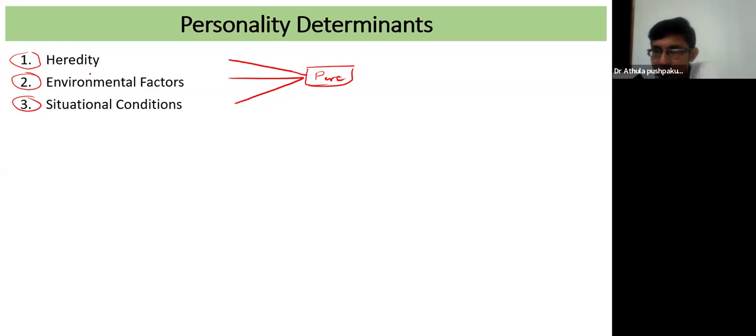But some organizations do not highly follow rules and regulations, right? These two environments. Normally, heredity depends on our culture and also your birth places, right? These things.